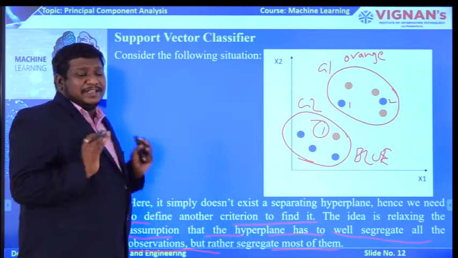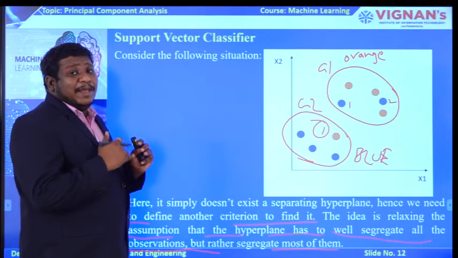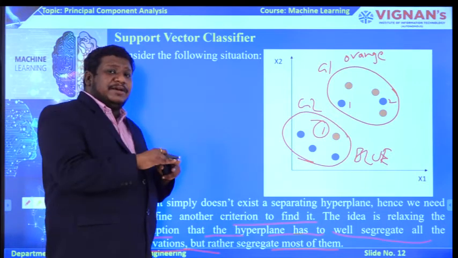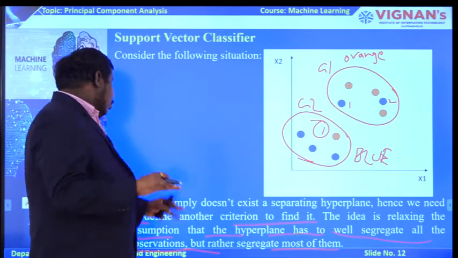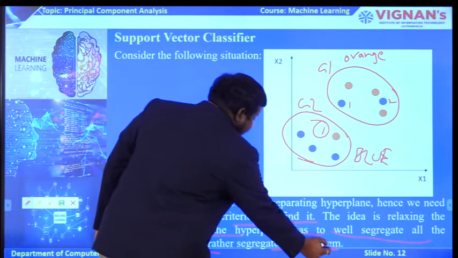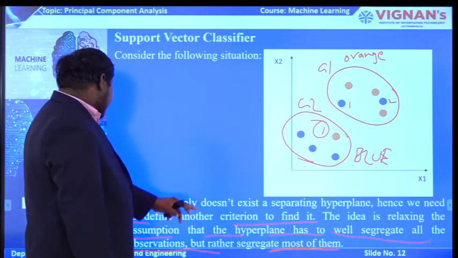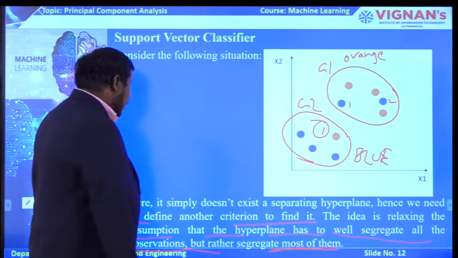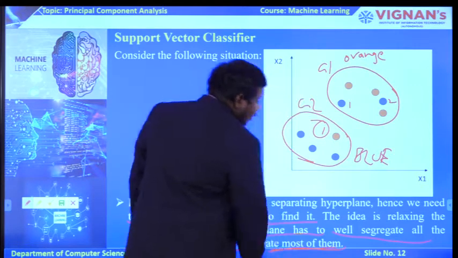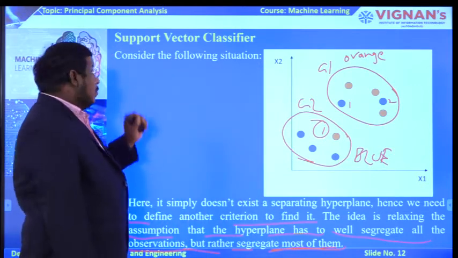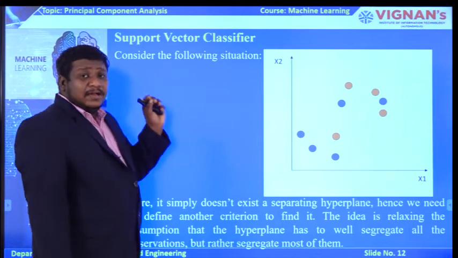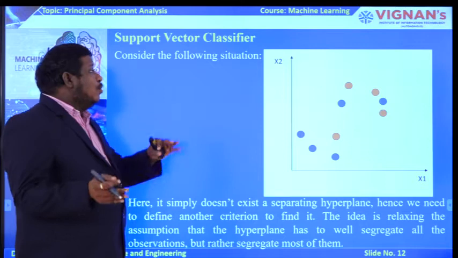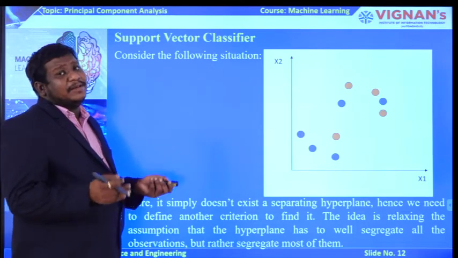The logic is that the hyperplane is not going to segregate all the elements, but those elements which are important and easier to handle will be segregated by this support vector classifier. This is the assumption we make in the support vector classifier to overcome the problem of the hyperplane not existing.